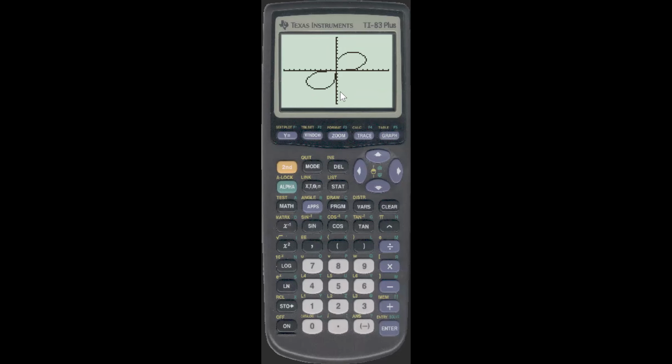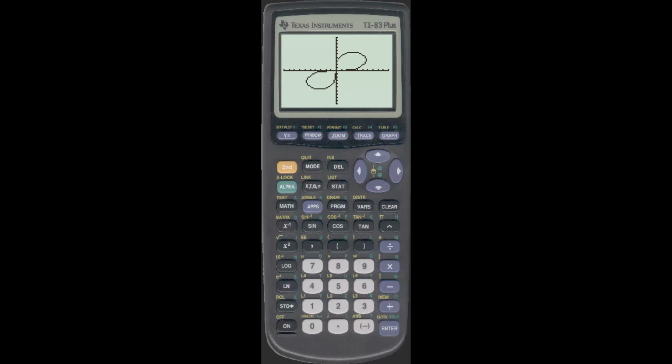So that's how you do it with the calculator. There is a way to do it by hand, but it's very difficult and time consuming. Do you want us to go through it by hand? No, we're allowed to use our calculator, so I'll stick to this method.